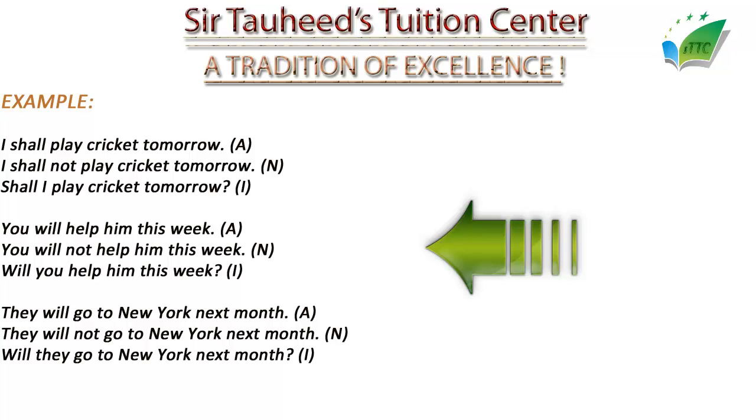Now you can see here, since the subject is you, we have used the helping verb will, and in the first example, if you notice, we used shall as the helping verb because the subject was I, which was first person. So if the subject is I or we, then we use shall, otherwise we use will.